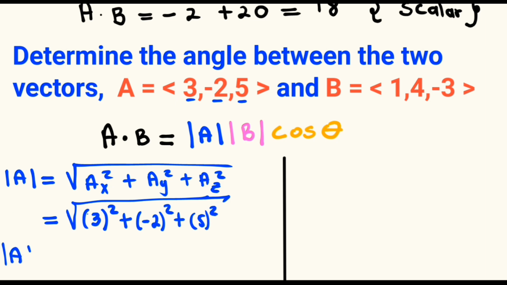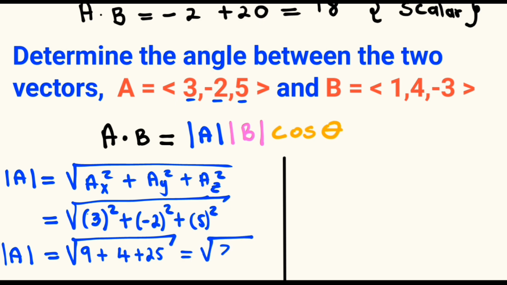So the length or the magnitude of A will be equal to: 3 squared is equal to 9, negative 2 squared is equal to 4, and 5 squared will be equal to 25. We have the 9, the positive 4, and the positive 25, and this will be equal to 9 plus 4 is equal to 13, and 13 plus 25 will be equal to 38.